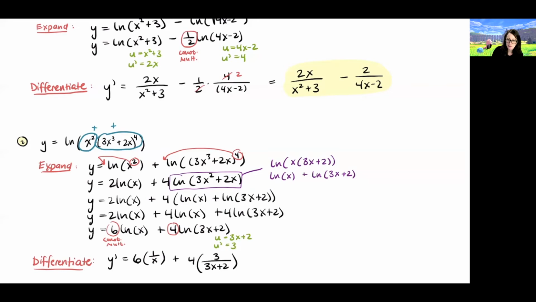Now, one step of simplification is good, so we can just multiply 6 times 1 over x, that's 6 over x. And in the second set here, we've got 4 times 3 up top, so we can do 12 over 3x plus 2. And there we go, there's the derivative of that thing. It's kind of nice, these often, you get a few fractions and they tend to be simpler than you would expect based on what we start with.